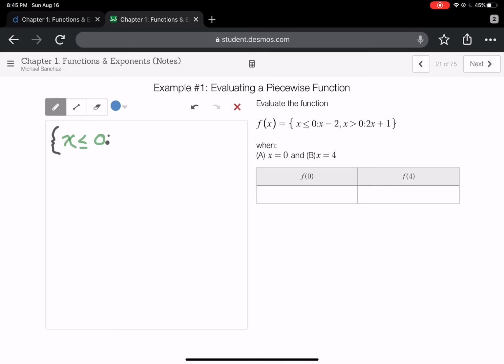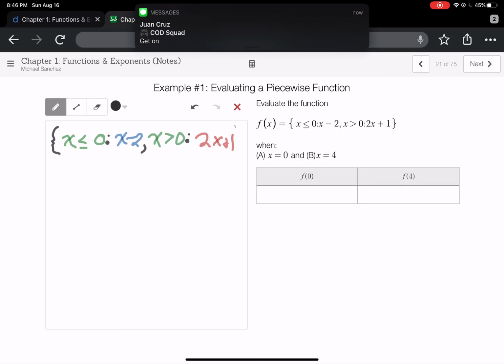And then I have x minus 2. Then I have a comma. I have x is greater than 0. I have another colon. And then I have an expression, 2x plus 1. And then my bracket closes.